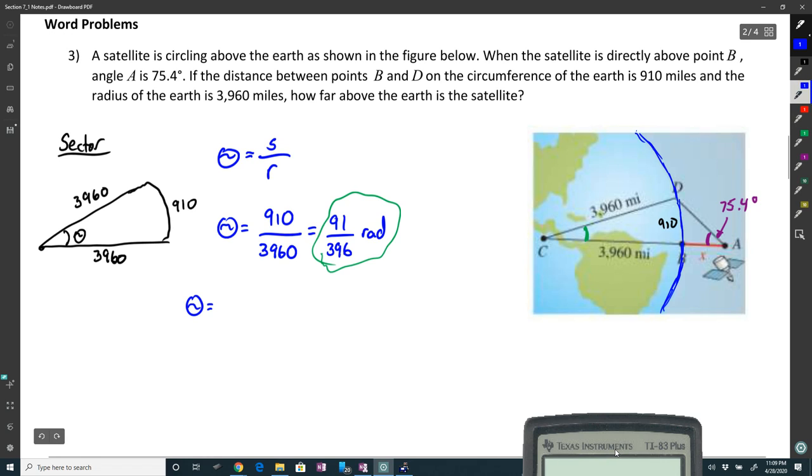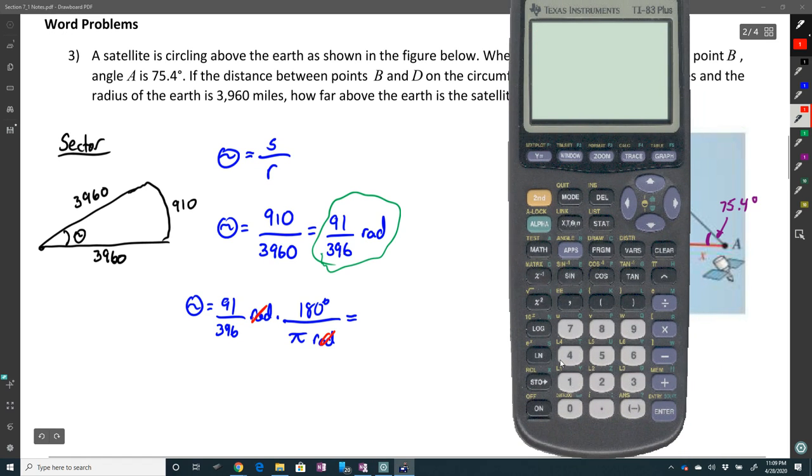So theta is 91 over 396 radians. I need to multiply it by the conversion, which is pi radians is 180 degrees. So the radians will cancel out, and I can get my answer. And then I can round.